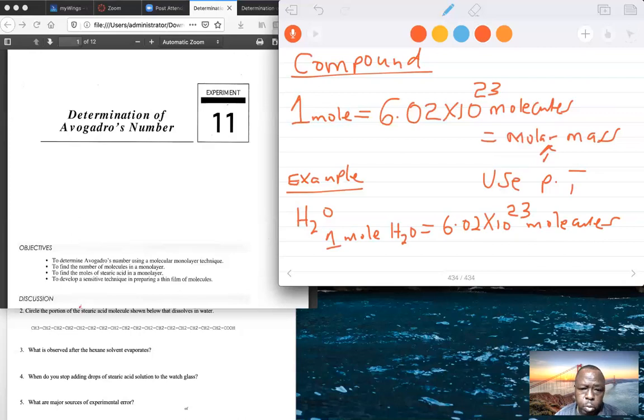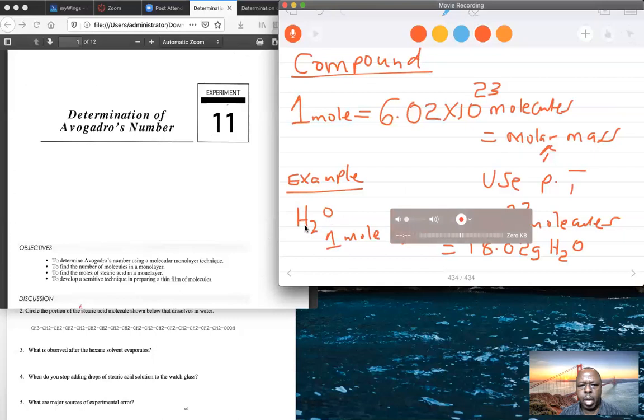This equals 18.02 grams of H2O. I get this 18.02 by taking the atomic mass of hydrogen from the periodic table, multiplying by 2, and adding 1 oxygen. This is how you relate the mole, Avogadro's number, and the molar mass of a compound. When you're dealing with a compound, this changes.